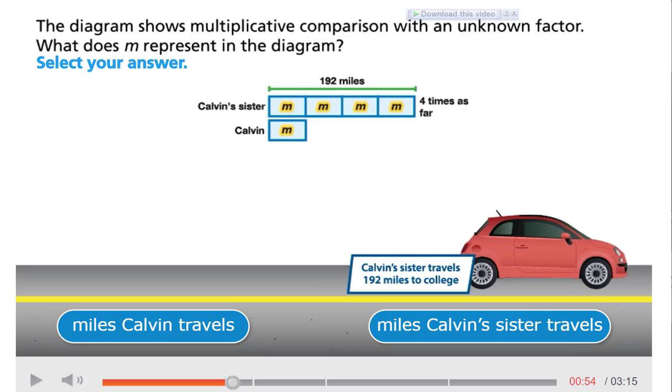Ali Raed, what does m represent in this bar diagram?